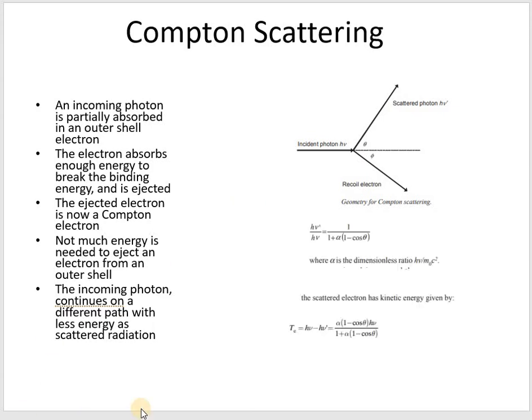What is the relation of the scattered photon to the incident photon? The ratio of the scattered photon hv prime to the incident photon is given by this, where alpha is the dimensionless ratio, and the scattered electron here has a kinetic energy given by this formula.